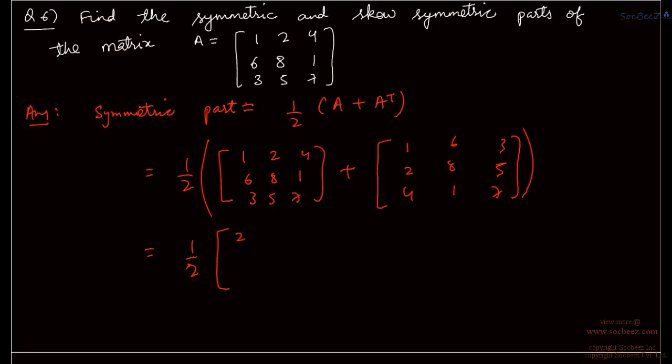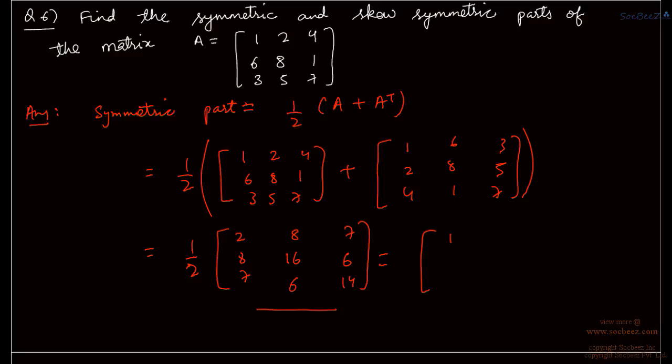So this will be nothing but like 1 plus 1, so this is 2, 2 plus 6, 8, 4 plus 3, 7. Now obviously you see that since it is symmetric, you can verify it that way. So this is also 8 and this is also 7, right? So this is 16, this is 6, so is this 6 and this is 14, right?